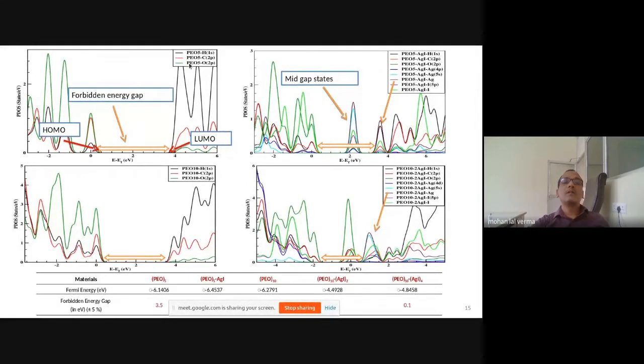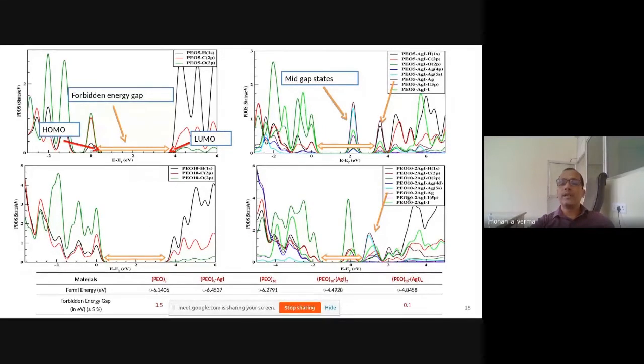This is for pure PEO, PEO5, where the band gap is maximum. When we dope AgI, its band gap decreases, as well as one mid gap state at the center is observed, and this is for pure PEO10.